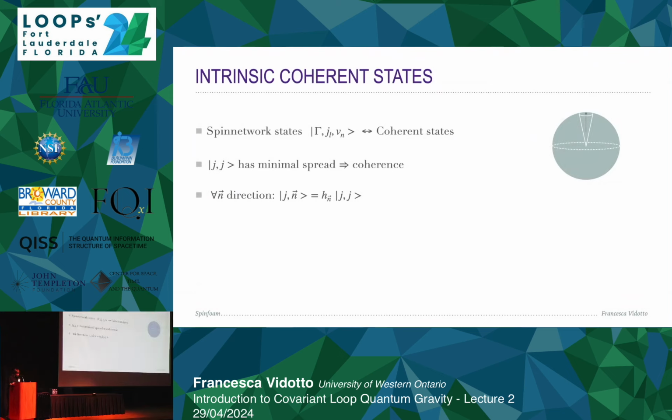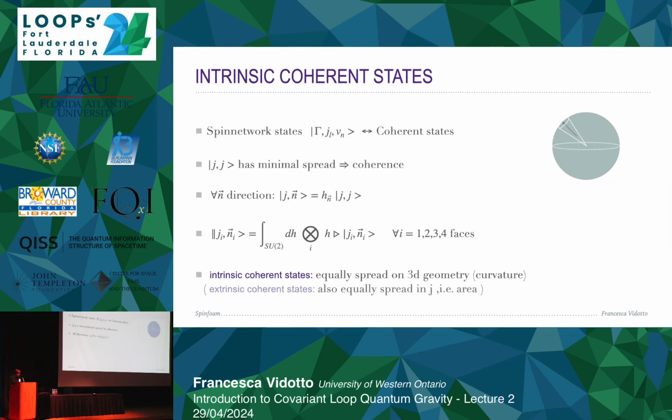If I wanted to define states such that I minimize the spread in both area and curvature, then I need to go through a few more steps. So the definition of coherent states can be done in different manners. There are different versions in the literature, and it depends a bit on the physical problem you want to address.